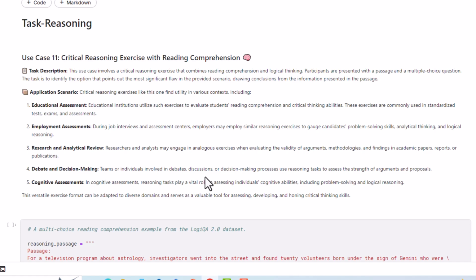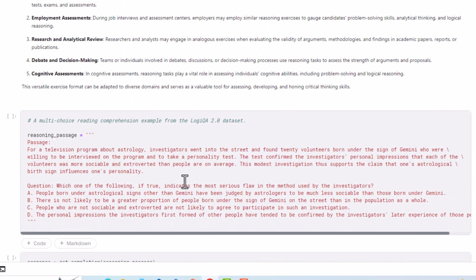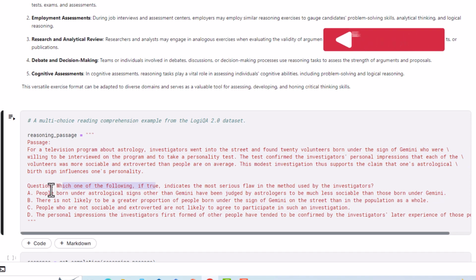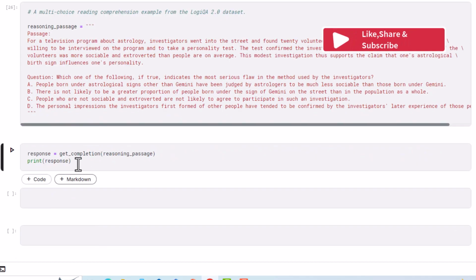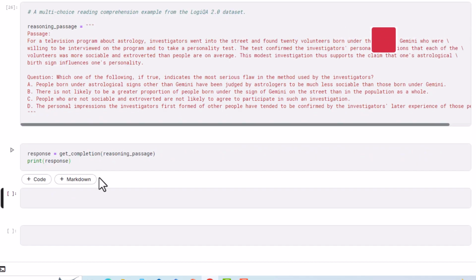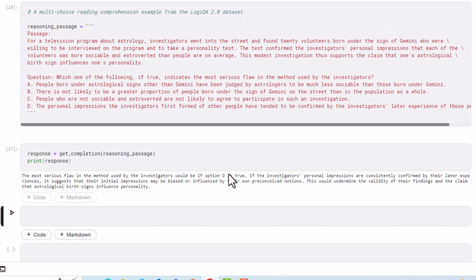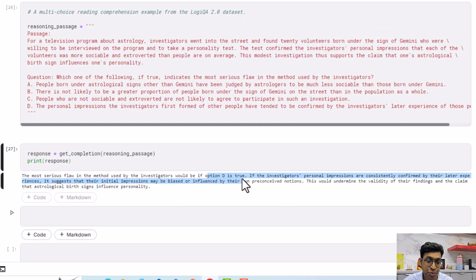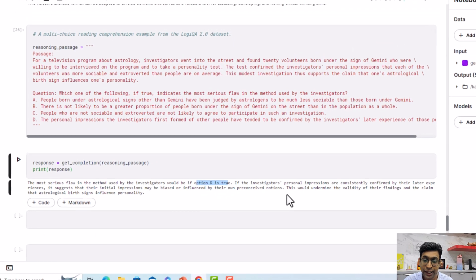So let's take one such example from a LogiQA dataset. You have a passage and then you have a question to identify which one is true based on four different scenarios. Now, as you run this, you will see that the model is able to identify option D, which is correct, and it has given the reason as well.